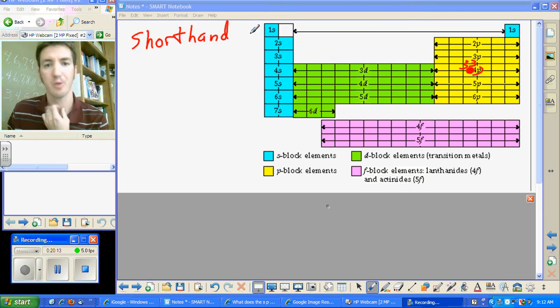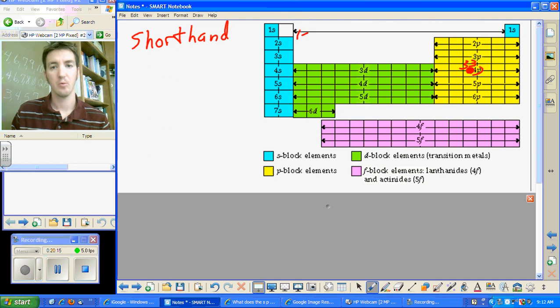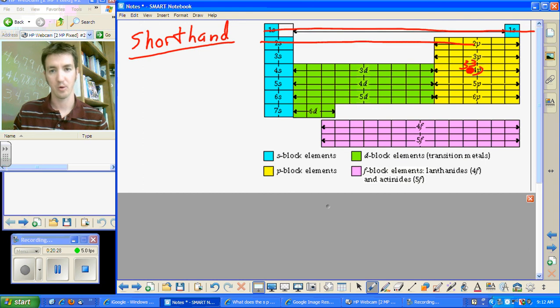Alright, so at this point you're probably really tired of having to write 1s2, 2s2, 2p6, that whole thing as you travel through here. There is a shorthand way of writing it, because we know we've gone through all of this in order to get where we are. So you basically fast forward ahead and you end up right here. This is the last noble gas before the period that we care about.